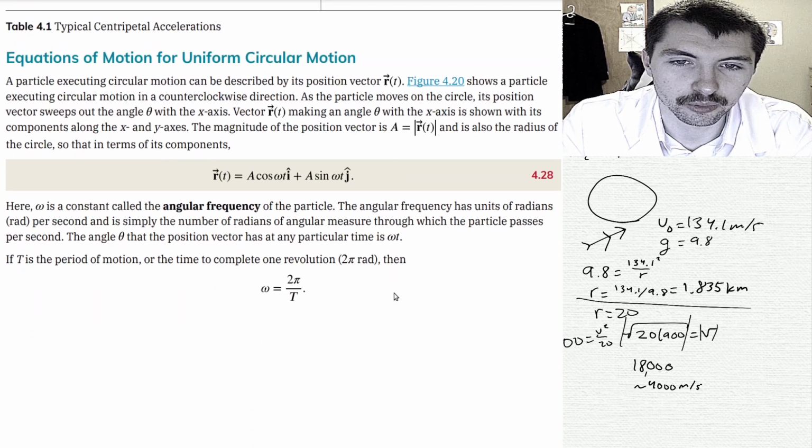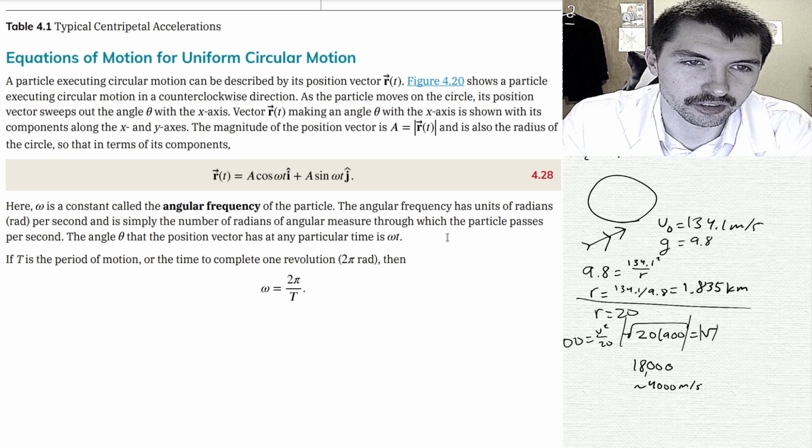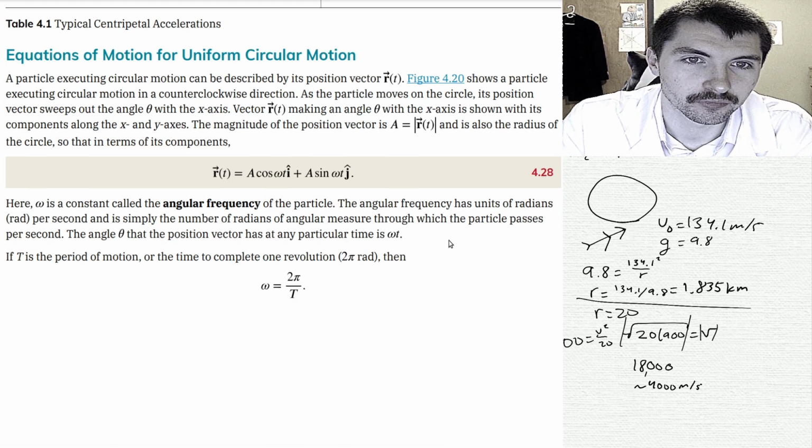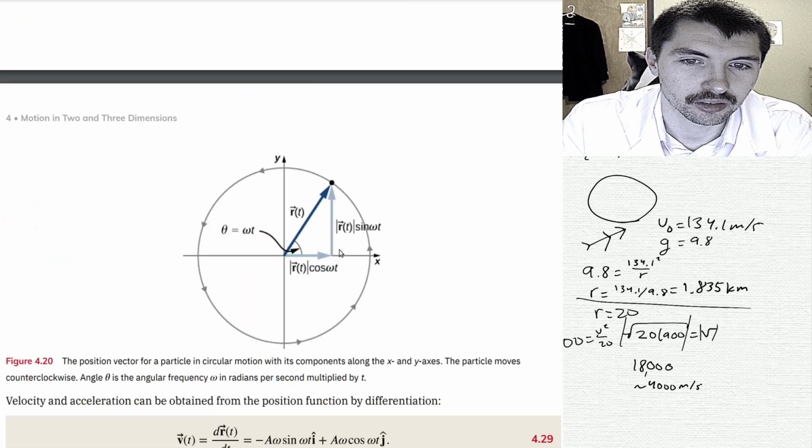All right, so we're getting into more math. Don't be threatened. Usually it's simpler than it appears on the surface. So, equations for uniform circular motion. Looks like this is the speed, or the magnitude of it.